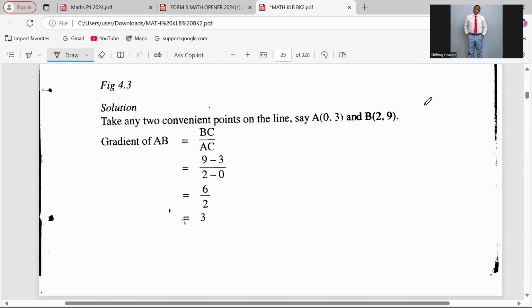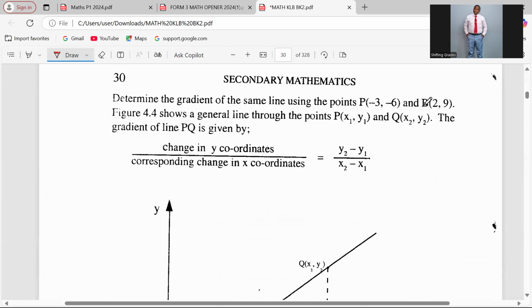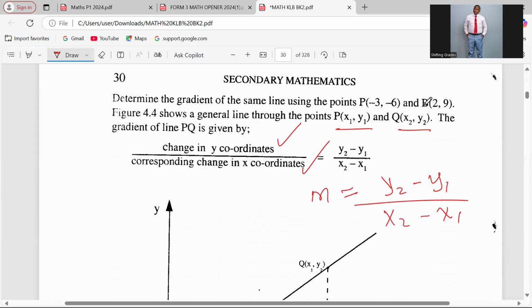So let's now come up with a general way of expressing gradient, because gradient is the change in y coordinates out of the corresponding change in the x coordinates. If we have a line passing through P and Q with those given coordinates, then we can say the gradient will be given by y2 minus y1, that is the change in y, out of x2 minus x1, that is the change in x.